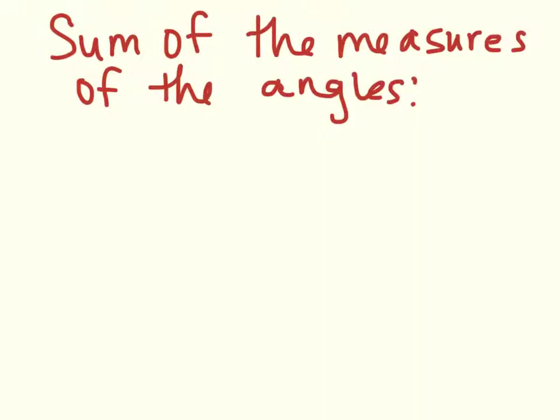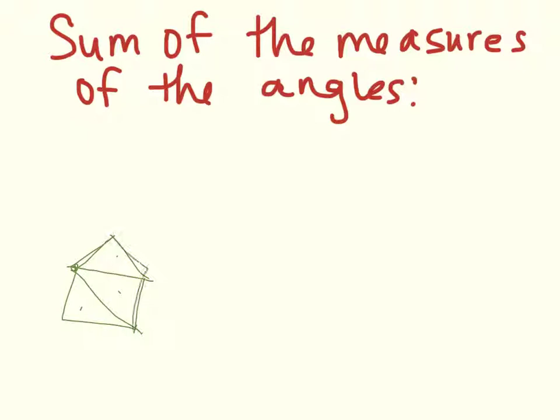Now when I want to find the sum of the measures of the interior angles of any polygon, what I do is I notice that if we take a vertex and I draw all the diagonals, it forms triangles. And it always forms triangles that are 2 less than the number of sides.